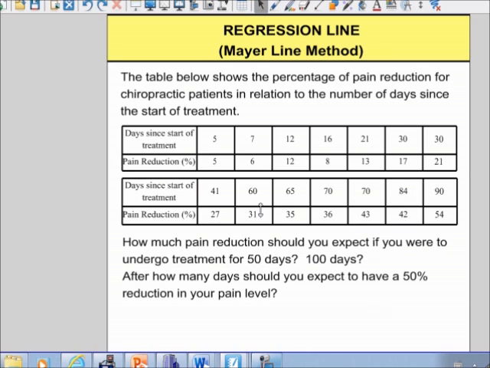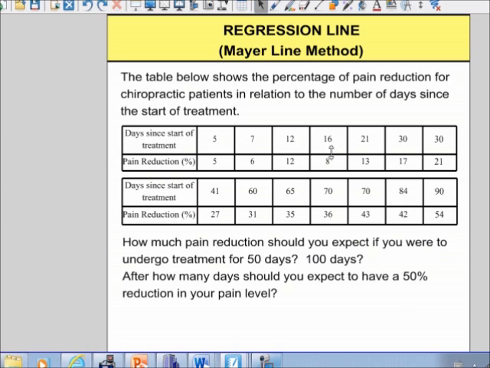And when we look at this data right off, we can see there's probably a general pattern. As people go up in the number of days of treatment, their pain reduction also seems to go up. That makes sense. The people that have only had a few days, their pain reduction's relatively low. The people at the top, they've had a substantially higher level of pain reduction. But we'll also notice that it's not perfect.